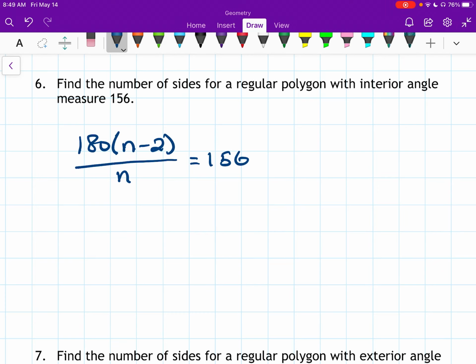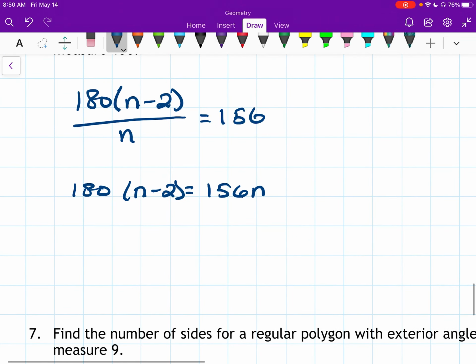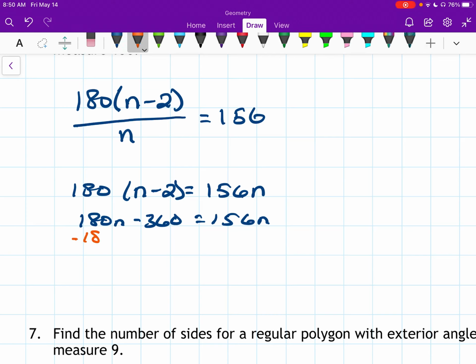Let's start off by multiplying everything by n. So I'm going to have 180 times n minus 2 equals 156n. I'm going to distribute my 180 on the left. So I have 180n minus 360 equals 156n. Next up, I'm going to subtract this 180n.